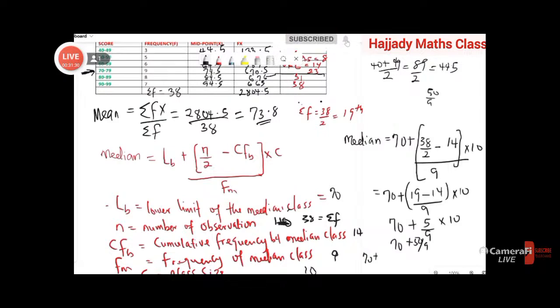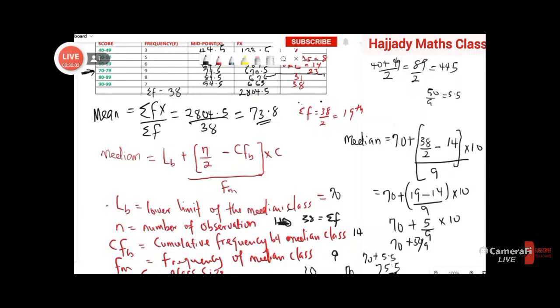We have 50 over 9. 9 times 5 is 45, so you have 5 remainder 5. Add 0 to it, 50, so you can have 5.5. Finally, our answer is going to be 75.5. So this is our final answer.